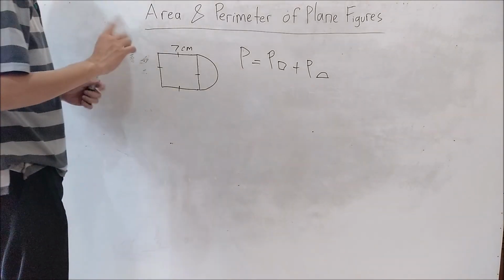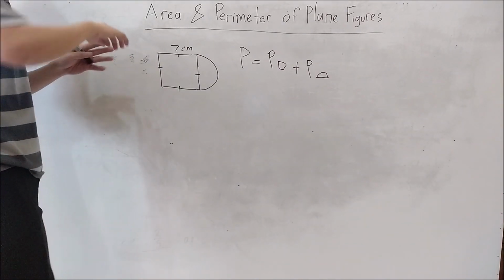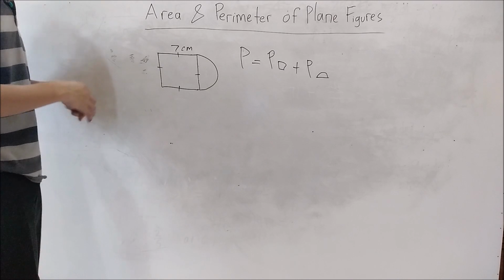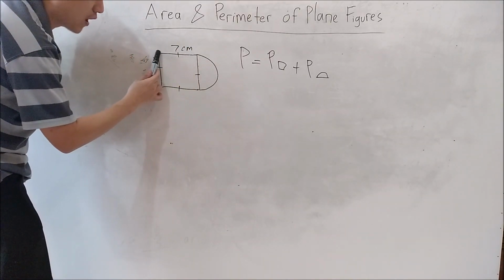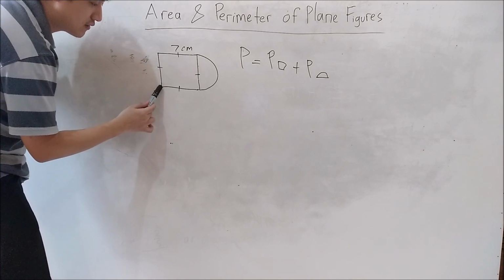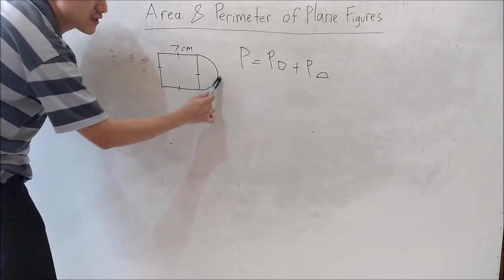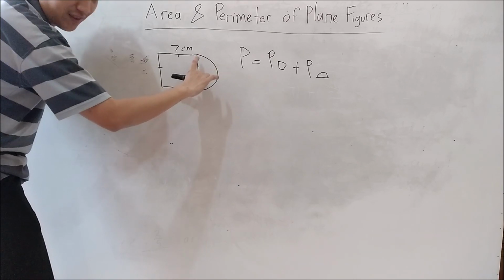Perimeter only talks about the outer part of a figure. When I combine these two figures, the outer part will be this length 7, 7, 7, and then this half circle. I will not count this middle line.